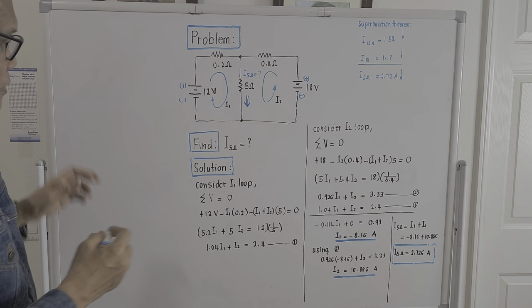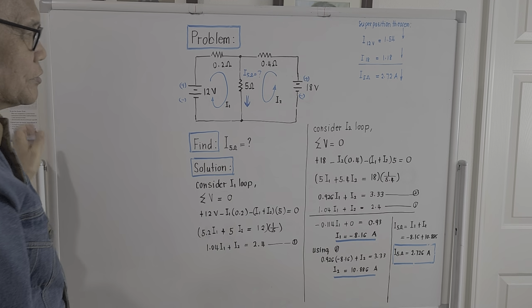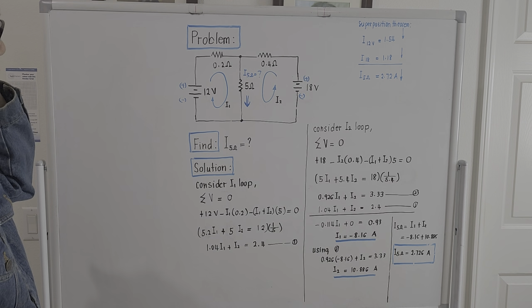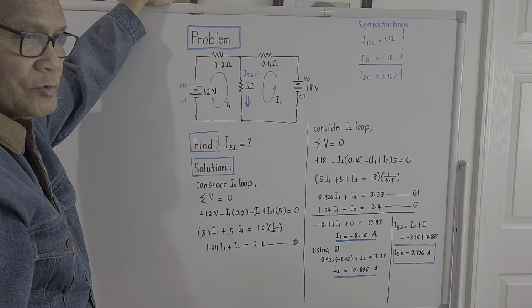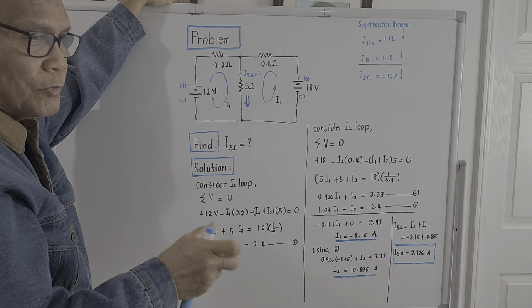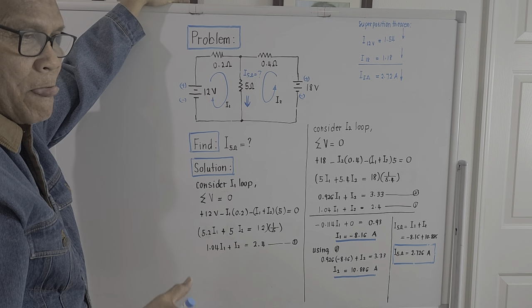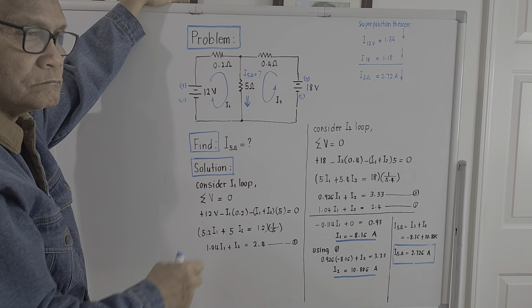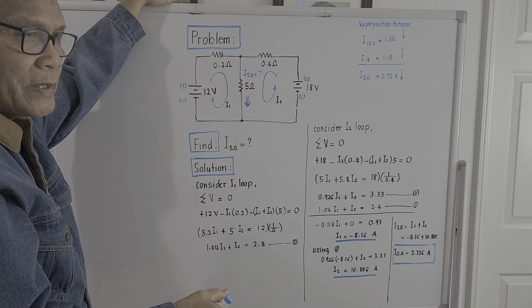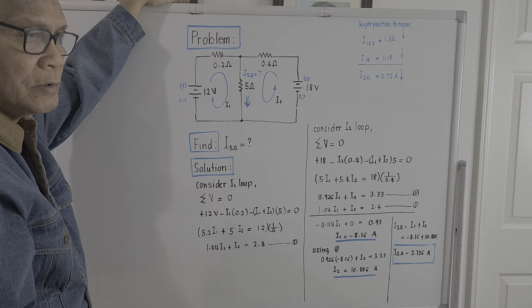The problem is asking what will be the current passing through the 5 ohm load here. Let's bring out the solution. The solution that I will present uses Kirchhoff's voltage law. We will designate two unknown currents in the circuit and apply Kirchhoff's voltage law to formulate the required equations.